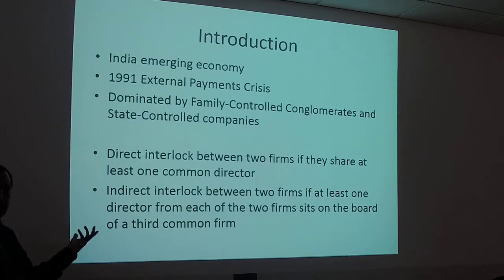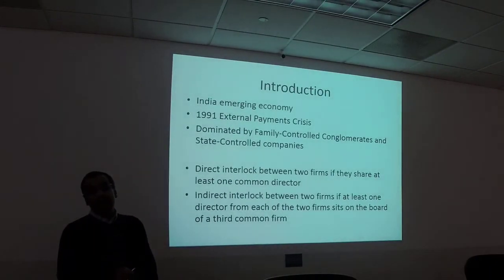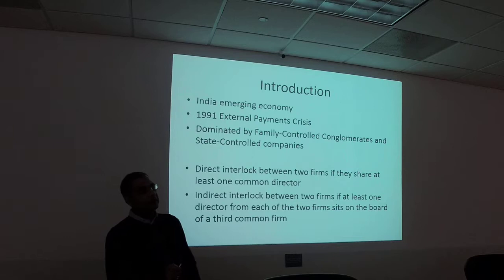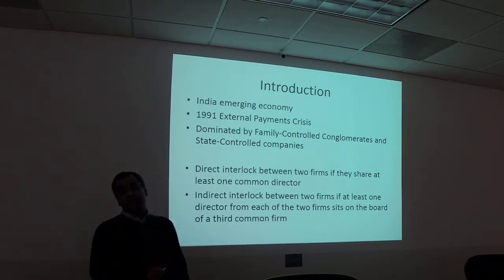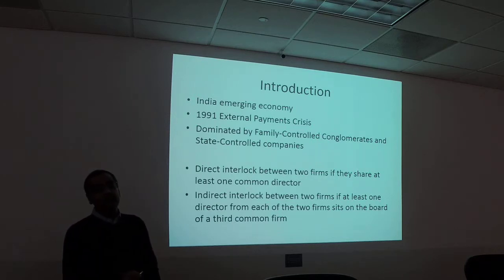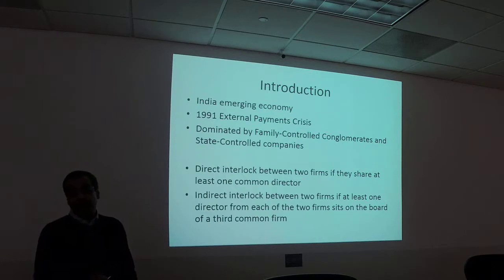So, India, an emerging economy, had a 1991 external payments crisis. Basically, they had to airlift gold from the country's vaults to London in order to get an IMF loan. They had, I think, a few days' worth of foreign exchange left, and India imports a lot of oil.